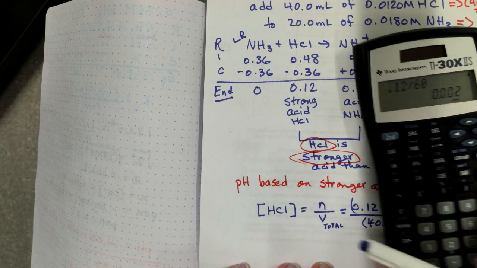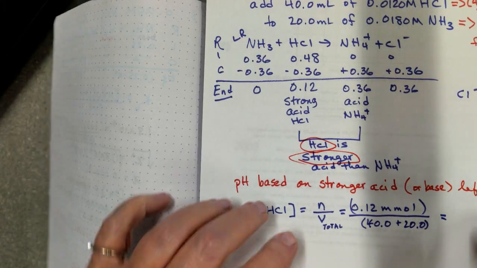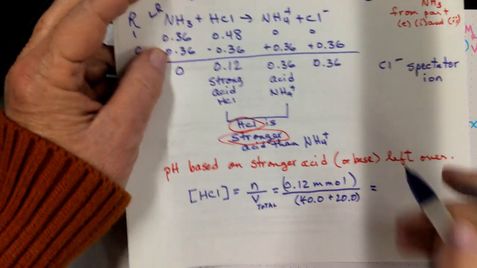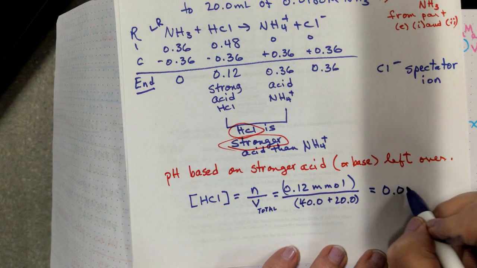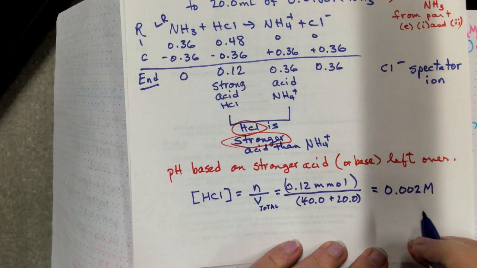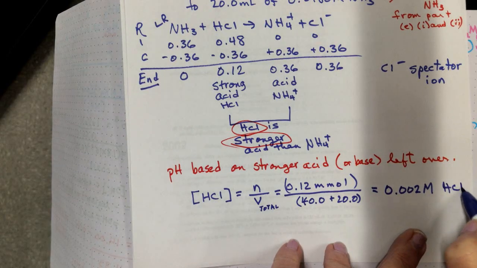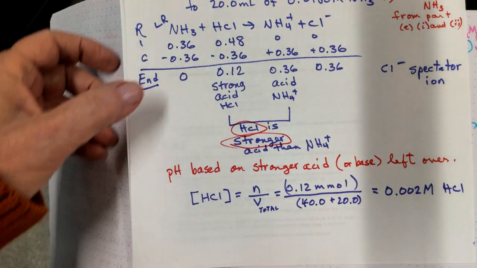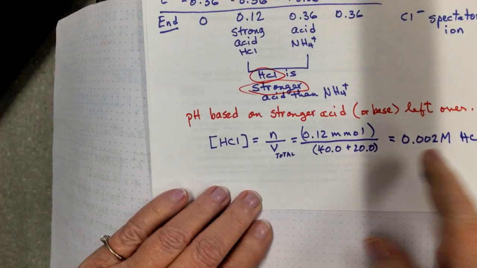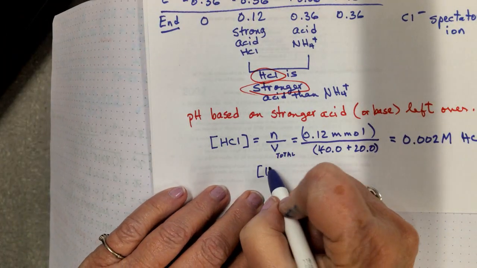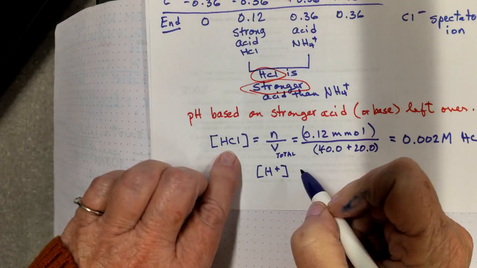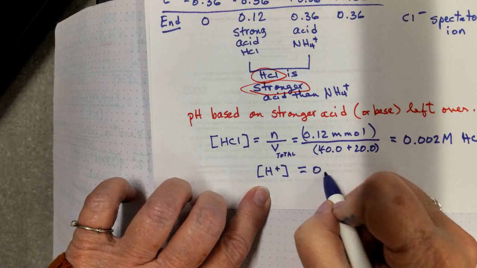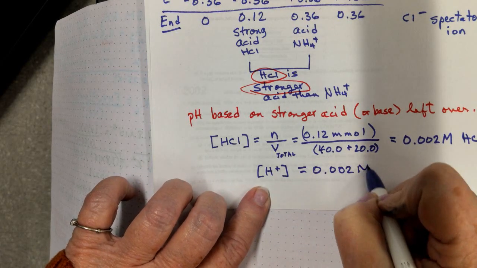I just have to show the grader. So it's going to be 0.002 molar. 100% dissociates, so the concentration of H+, because it's 100% dissociated, is going to be 0.002 molar.